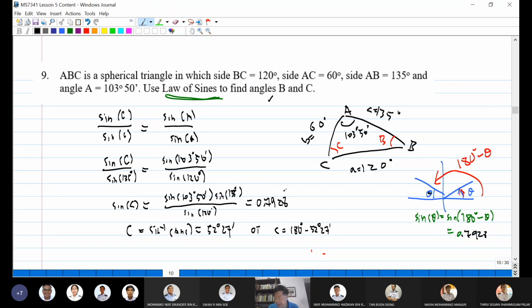So both of them are possible, but okay, 180 degrees minus 52 degrees 27 minutes is 127 degrees 33 minutes.